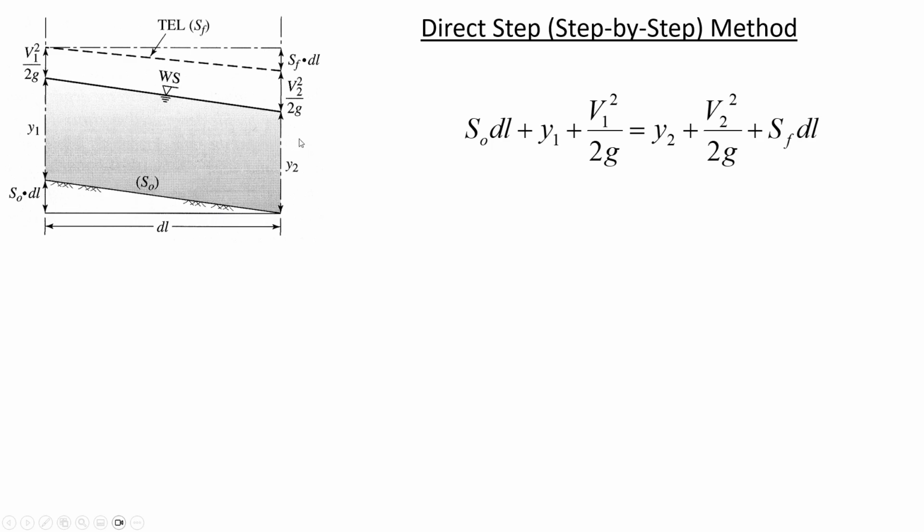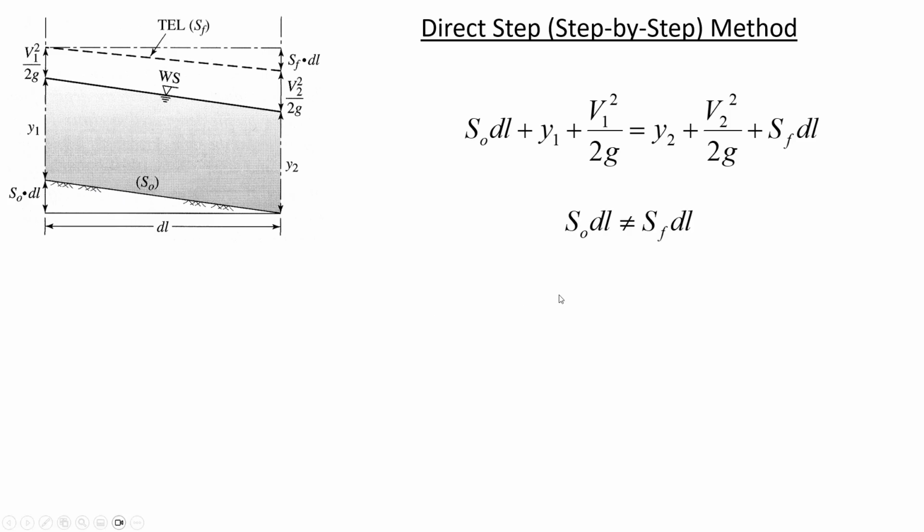And on the right, there's the water depth, velocity head at 2, but then it's energy loss that accounts for this gap between the total energy line and the hydraulic energy grade line. So S sub F times dl, that accounts for the energy loss as the water's flowing down this surface that has some shear stress.